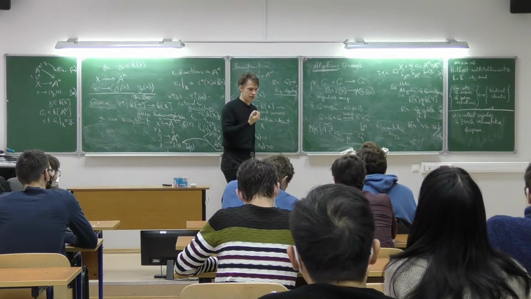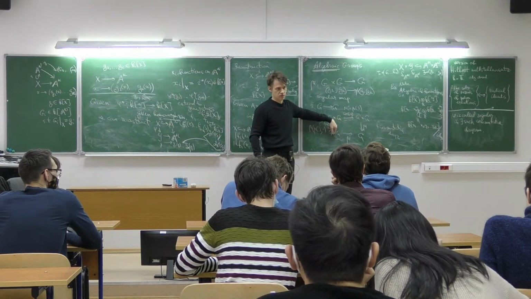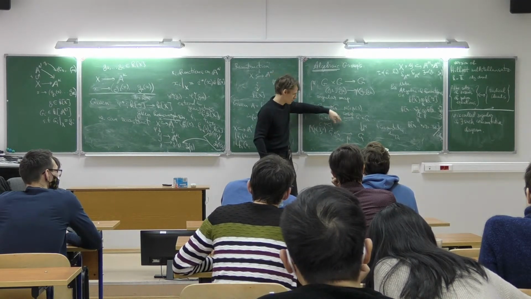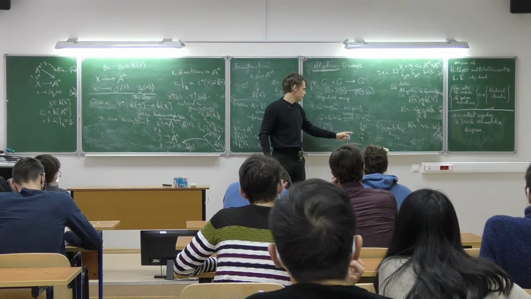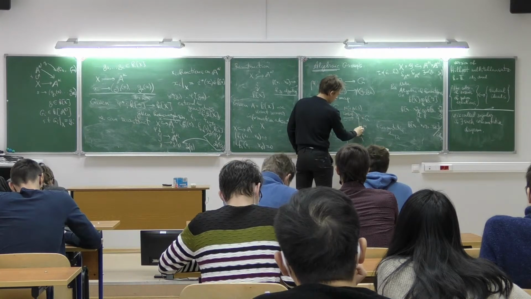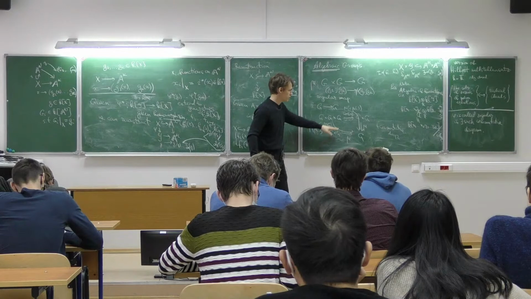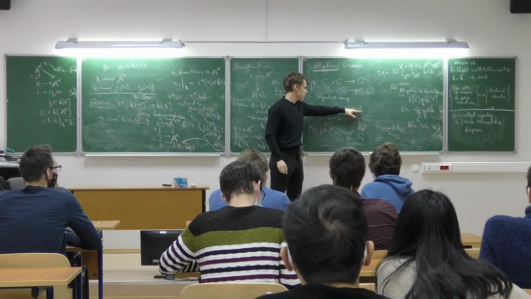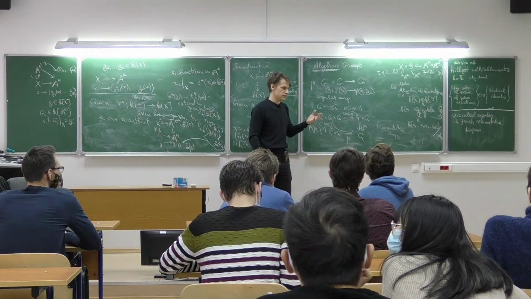In order to check associativity, you have to check that these maps are the same, the composition of these maps and those maps. So this one and this one are the same.